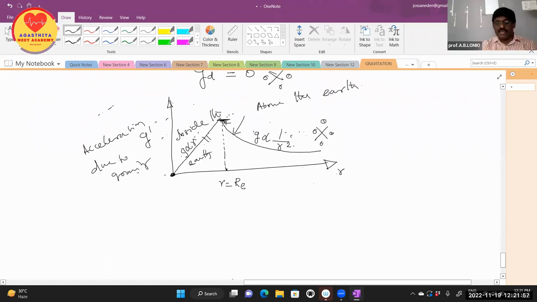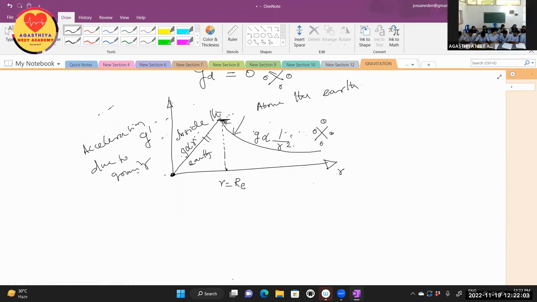So far, we discussed the variation of acceleration due to gravity above the earth and inside the earth. Another concept: on the surface of the earth, g is not a constant value. It will vary with respect to the position. We are taking two references, one at the equator, another at the pole.